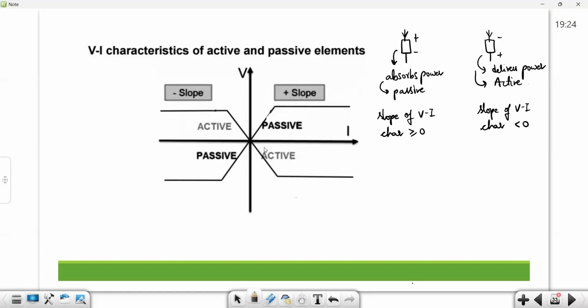You can see in the first quadrant, which I told you is passive, the slope is going up. If it is going up, the slope is positive. If it is going down, we call it a negative slope, meaning less than 0. We call it an active element.